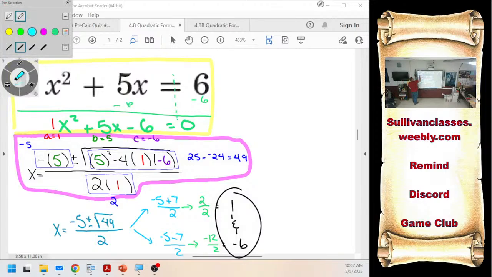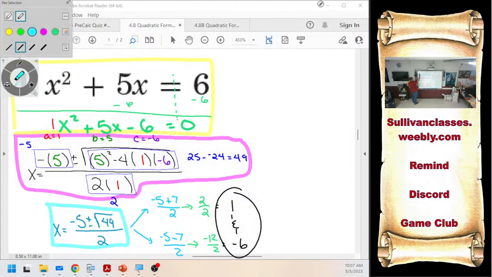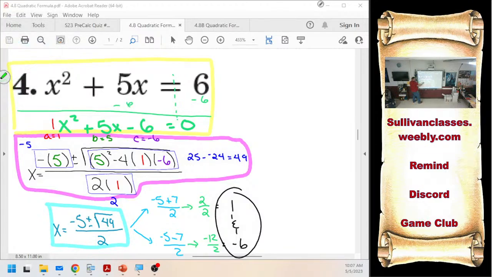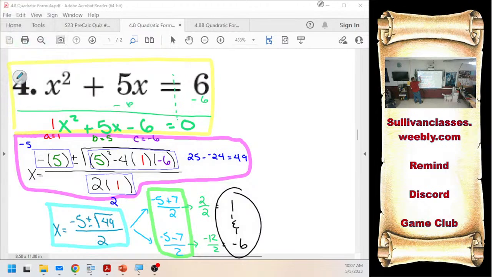Step 3: you're going to simplify those 3 areas. Step 4: you figure out what your square root is, and you're going to have 2 separate problems. And step 5: you simplify what's there to get your final answer.